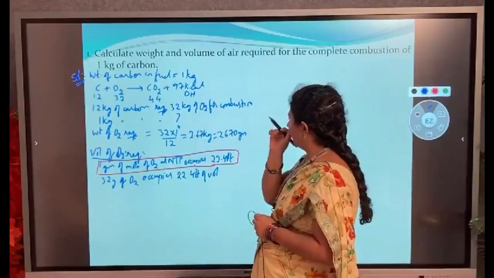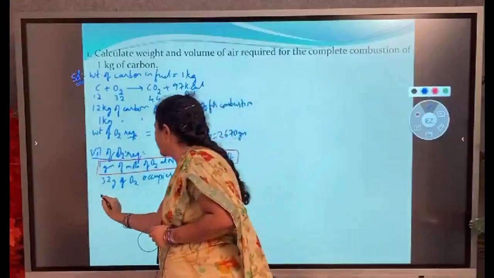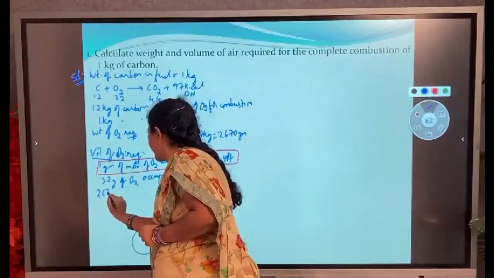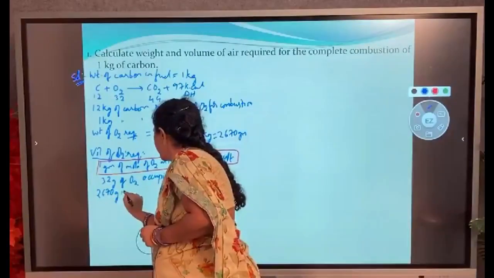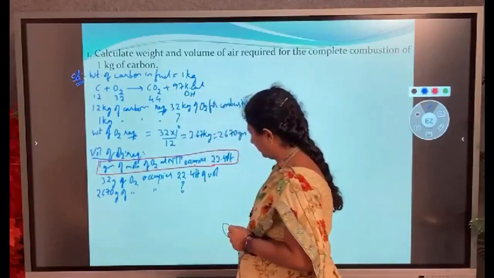Now we have to find the volume for 2670 grams of oxygen. 2670 grams of oxygen occupies how much?